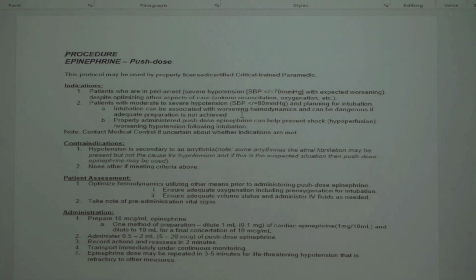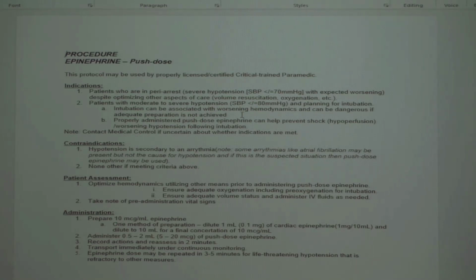Push dose epi is awesome, okay? And our department has used this before, and in a way that I would say basically kept the person alive long enough to get to the hospital, at least to get a little bit extra chance to survive, okay? So I would encourage everyone to become comfortable with this, although it will take a little time, okay?